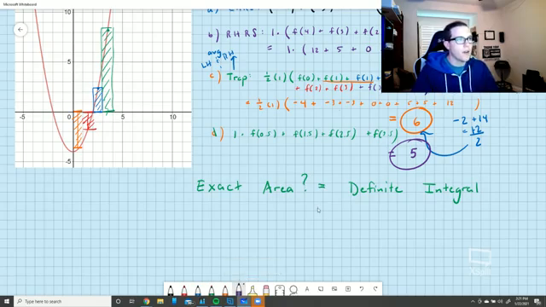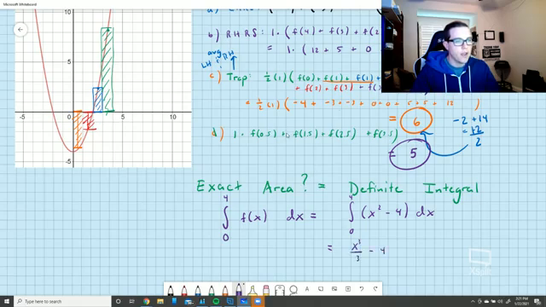The point is, to find the exact area, all you have to do is do a definite integral with your function. So it would be the area you're looking for from 0 to 4 of your function, f of x dx. That's it. So you can either do it by hand. 0 to 4 of x squared minus 4 dx is x cubed over 3 minus 4x from 4 to 0.